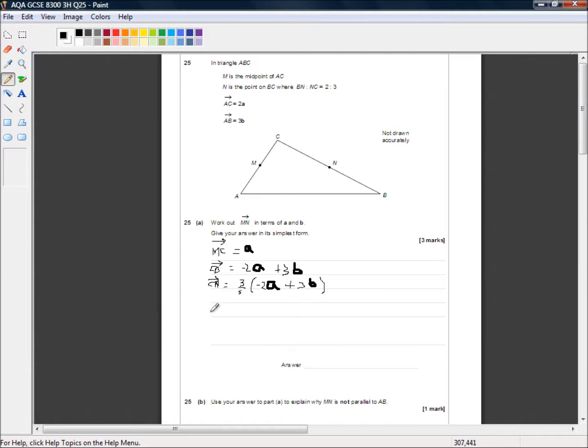So MN is equal to a plus 3/5 of minus 2a plus 3b.